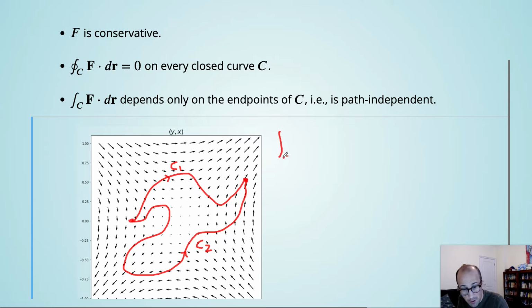All right, so what do we know? We say that the integral over C1 of f dot dr, these are vectors, minus the integral over C2 of f dot dr equals 0.